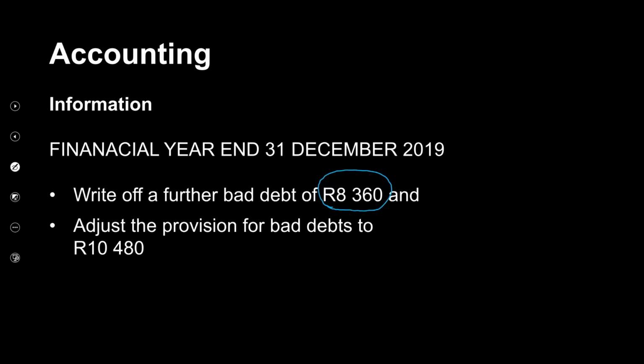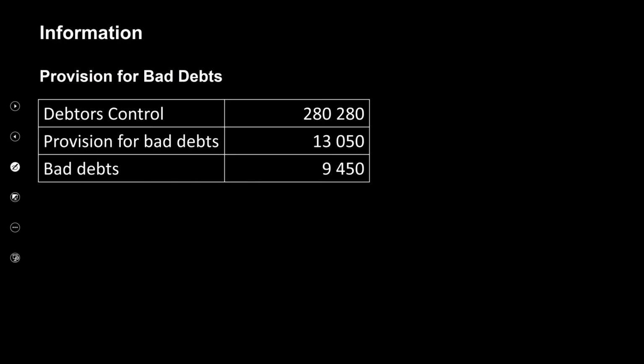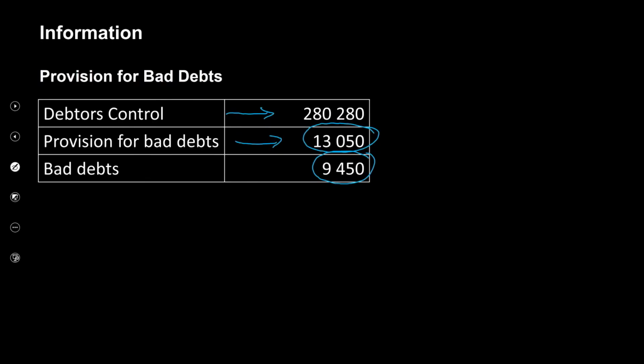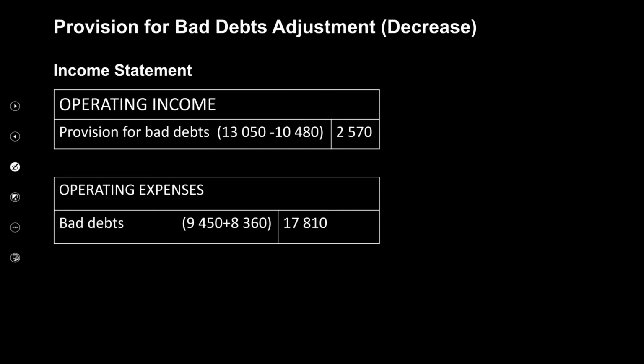Adjust the provision for bad debts to 10,480. In other words, you've got an existing provision. Let's look at it. There's my debtors control figure, right? There's my provision for bad debts, which is currently standing at 13,050. And these bad debts were bad debts that had been written off sometime during the year. Okay, so let's take this adjustment now and let's proceed with the adjustment.